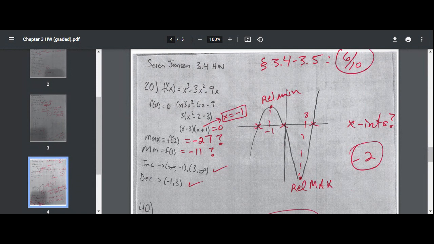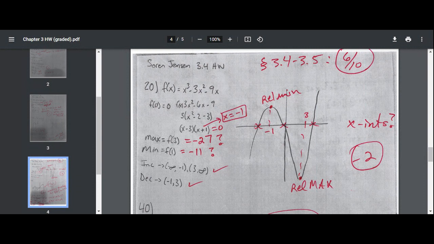If the sign of the first derivative is positive, my function is increasing. So you would split up between negative infinity and negative 1, then x equals negative 1, then negative 1 to 3, x equals 3, and then 3 to infinity.